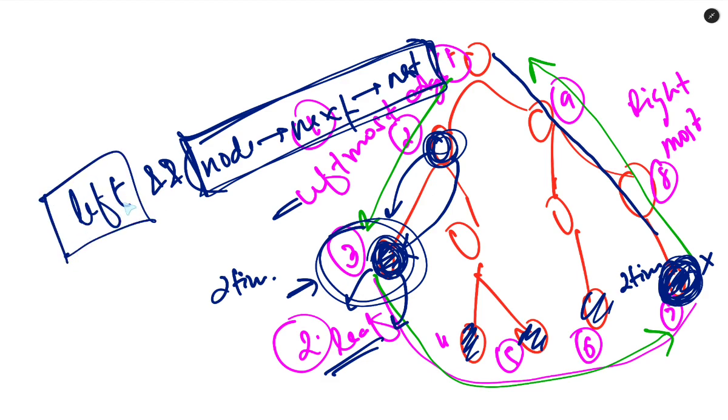And why have I written this, leaf? Because a case can be like when I am given a binary tree like this. This is my root, and here we have null.